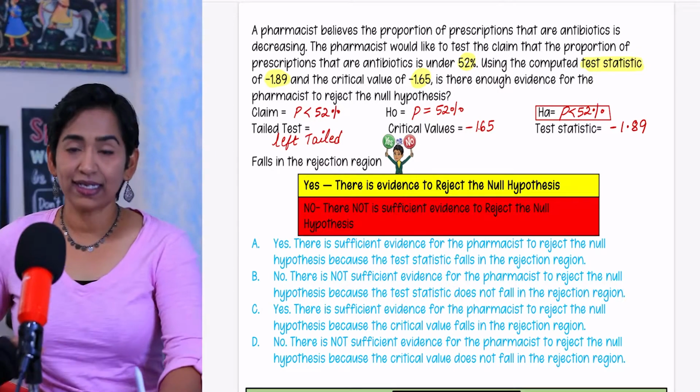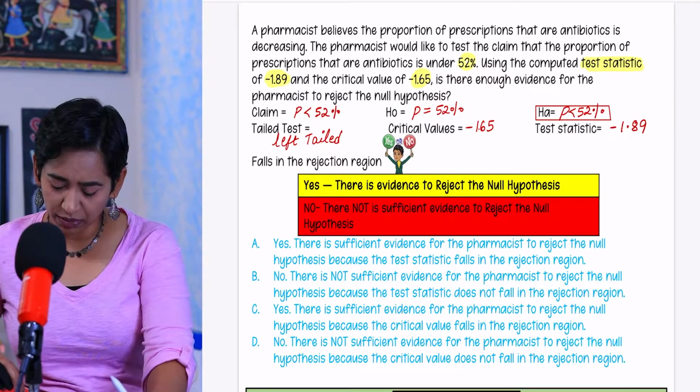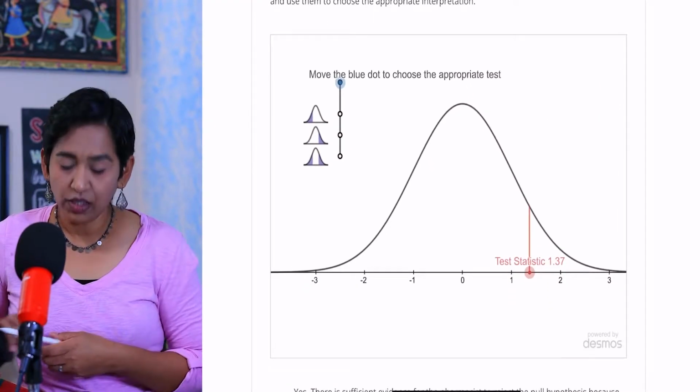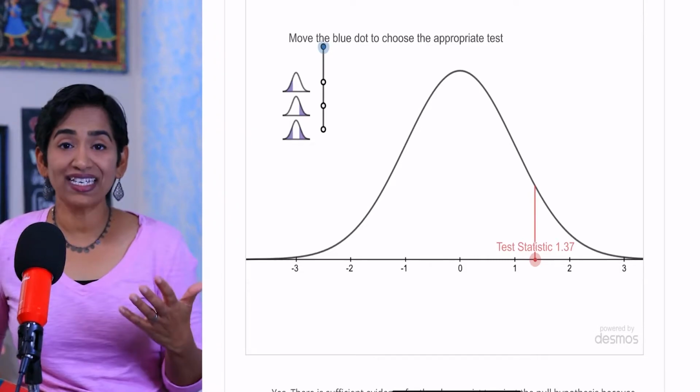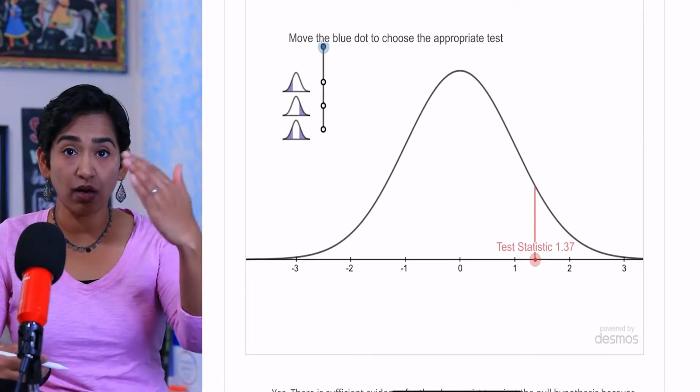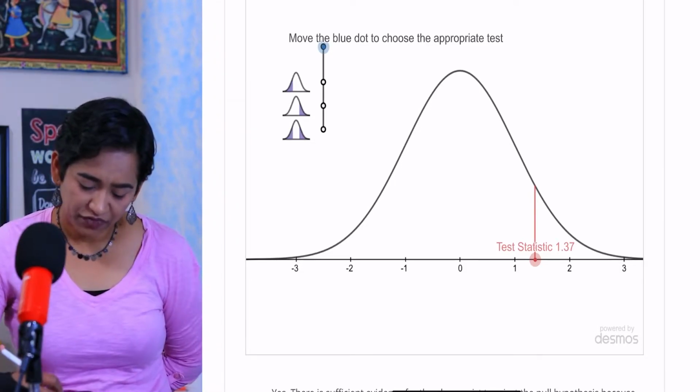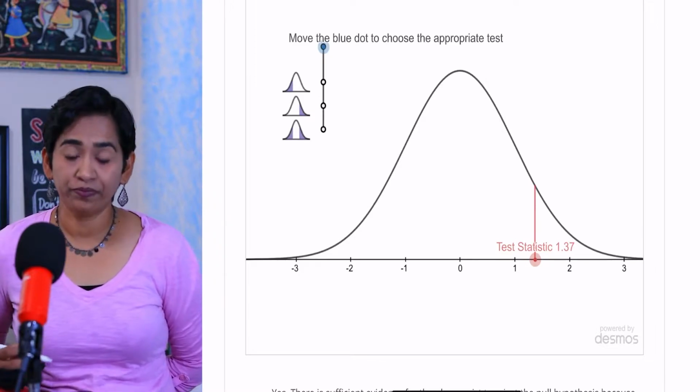Now let's take a look at the slider for this problem. Here I know it's a left-tailed test, so I always start with moving the dots. Left-tailed, there you go.